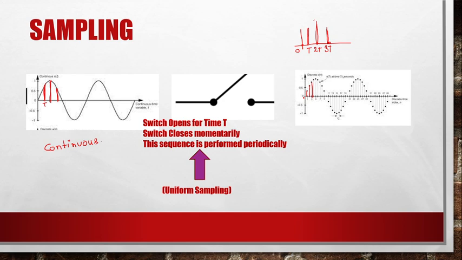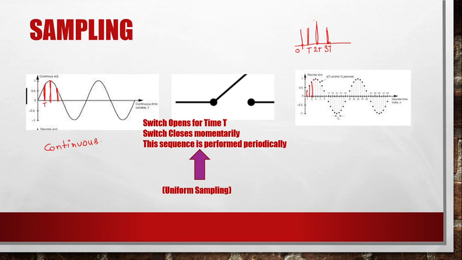We perform this operation sequentially or periodically, and this is known as uniform sampling. Non-uniform sampling is also there, but we generally use uniform sampling in digital signal processing. We don't do random sampling here.